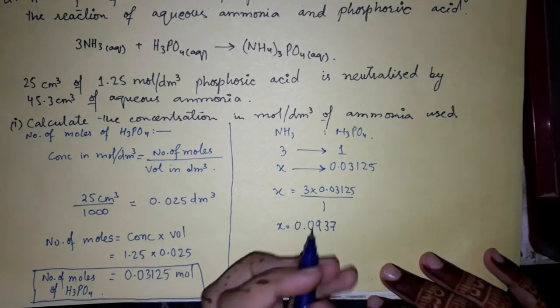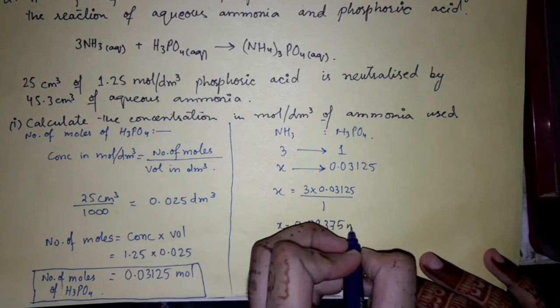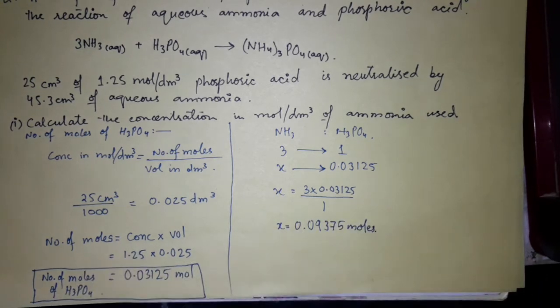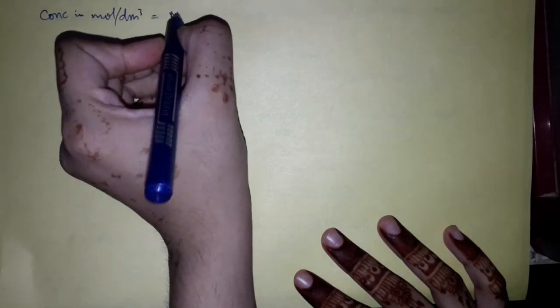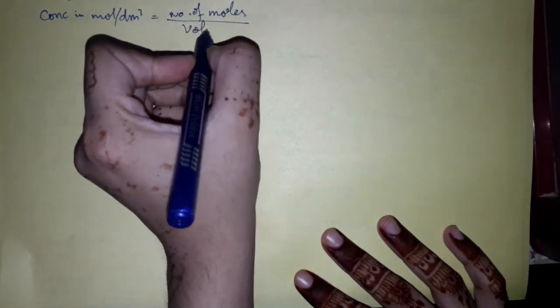Now we are going to put this value of 0.09375 moles in the formula of concentration. Concentration in moles per decimeter cube equals number of moles upon volume.